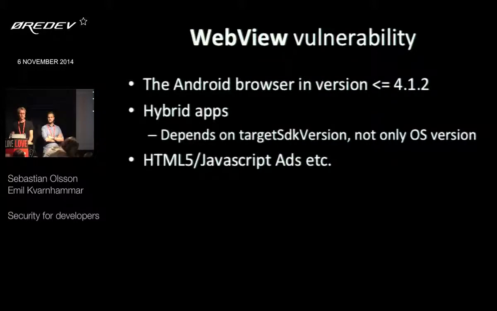And it also affects so-called hybrid applications or HTML5 JavaScript-based advertisements. If they're embedded in your application, that might open up for attacks like this. And the situation is a lot worse for those, because then it's the target SDK version that is going to tell if you're vulnerable or not. It's not the Android OS version.